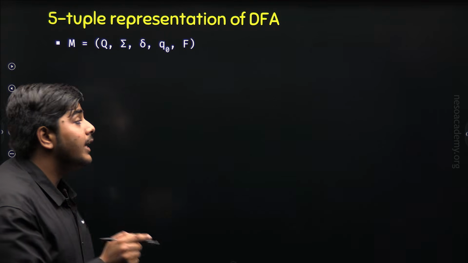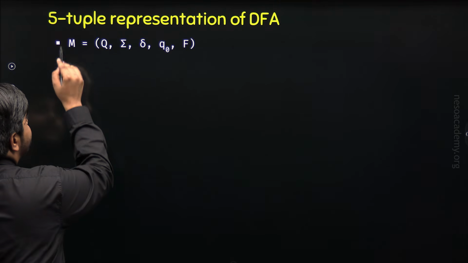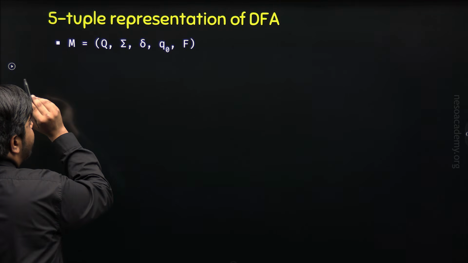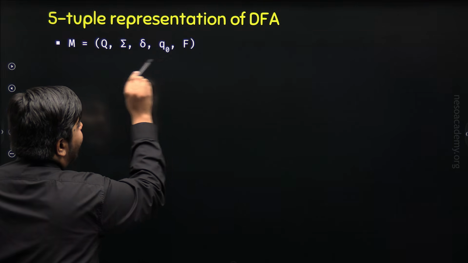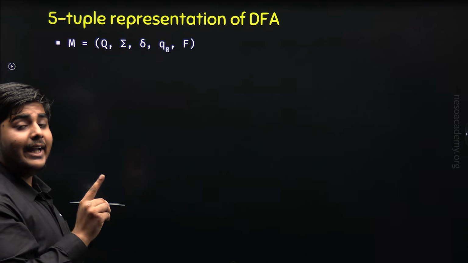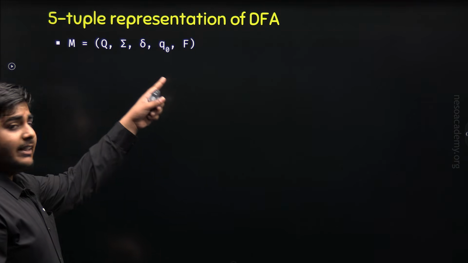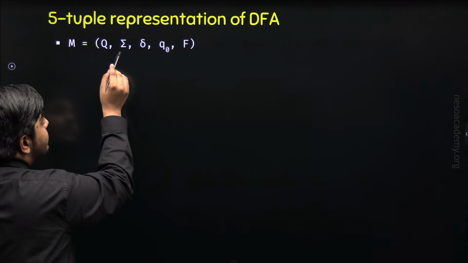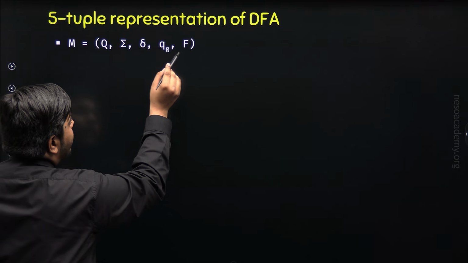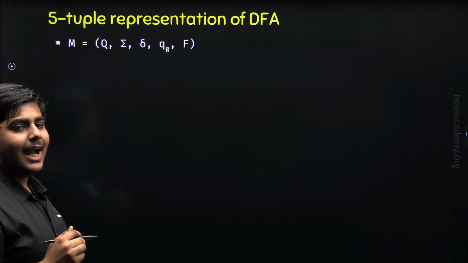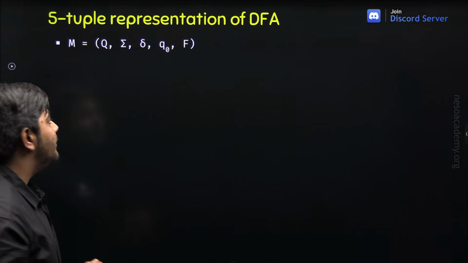And here you can see DFA, which is represented using the uppercase letter M, is the ordered collection of 5 elements. And that is why DFA is called a five-tuple. Now these 5 elements are Q, sigma, delta, Q naught and F. Let's understand these 5 elements one by one.